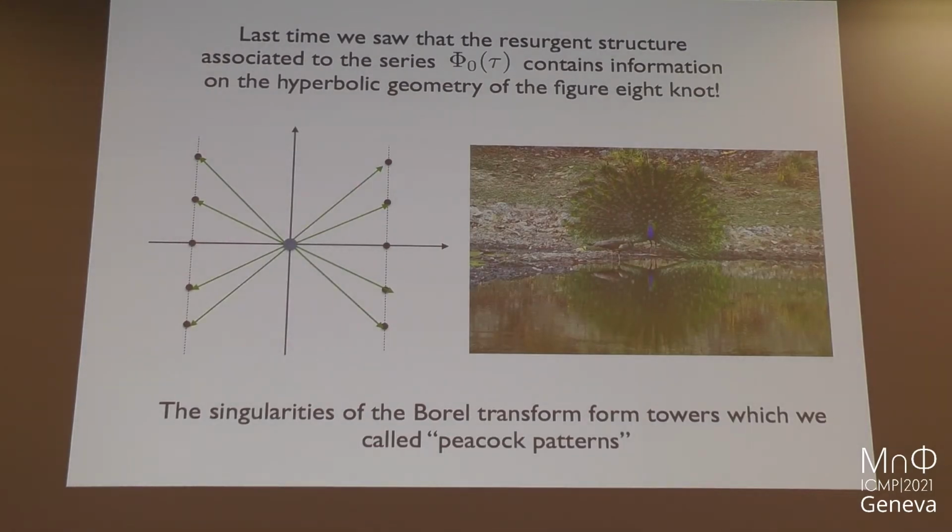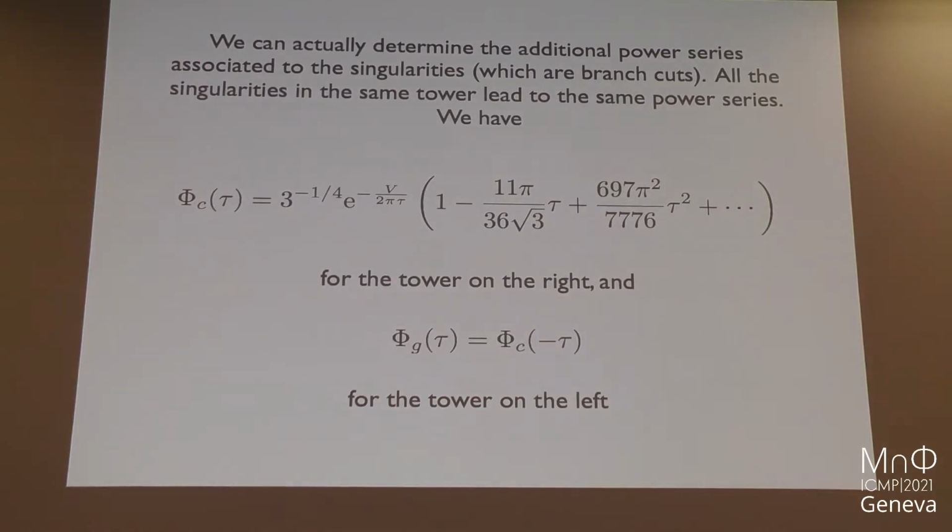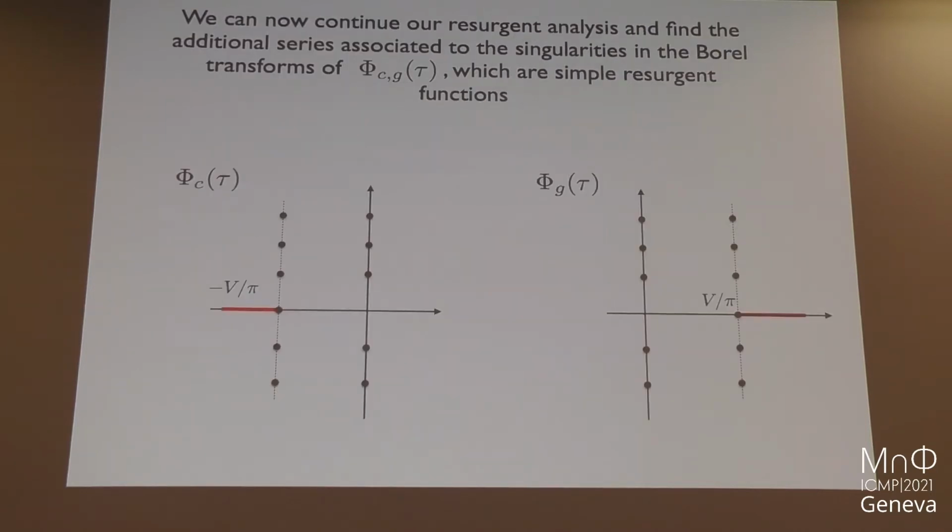Now, remember that the resurgent theory tells you that once you have found the singularities, you have to keep going. So we started with phi 0, we found these singularities lead me to new power series, and now you have to redo the analysis again. You have to look at these new power series and look at their singularities and keep digging new series. And then you can do that, and what you find is that these series that appear in this construction also have towers of singularities.